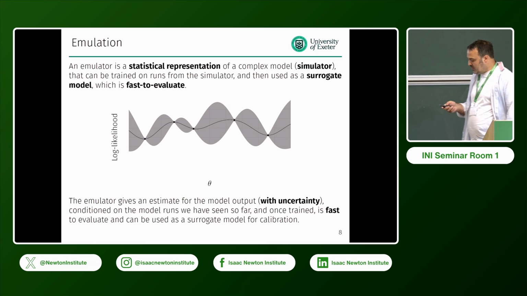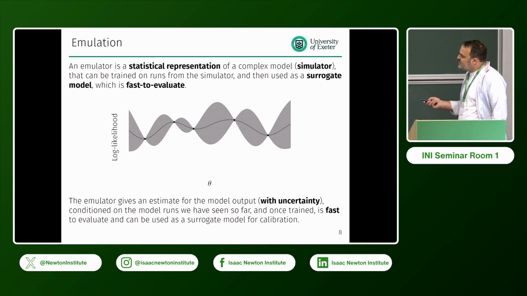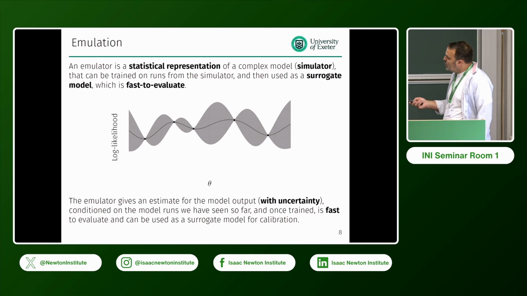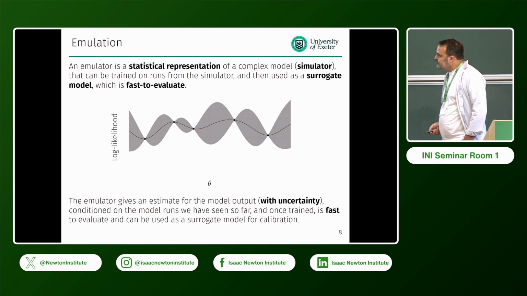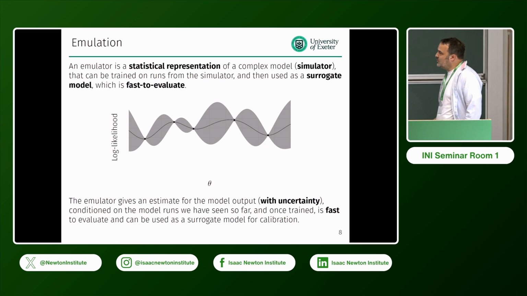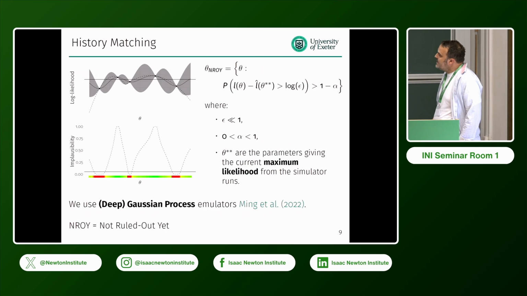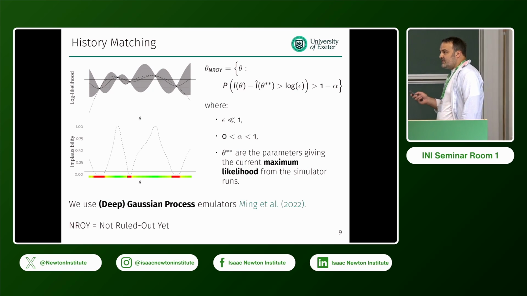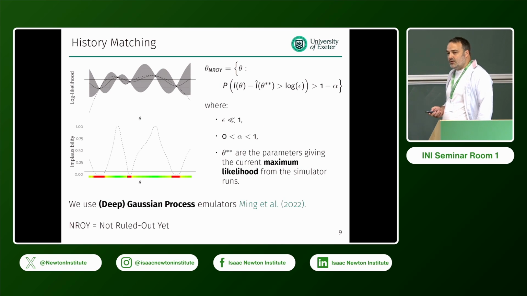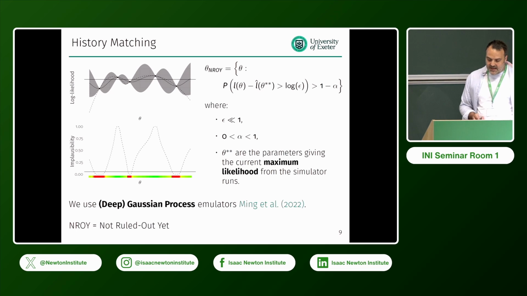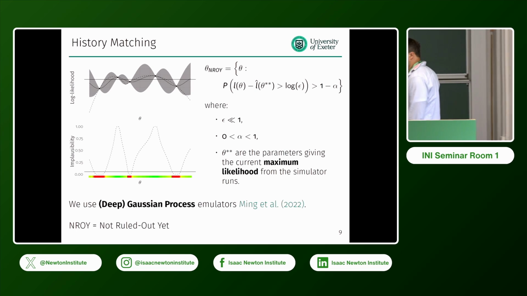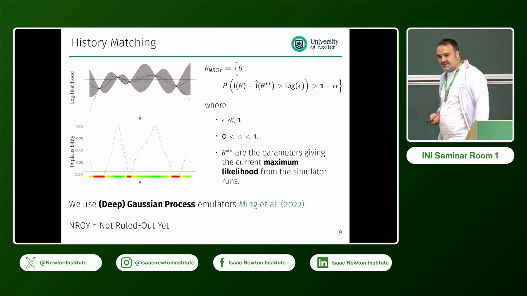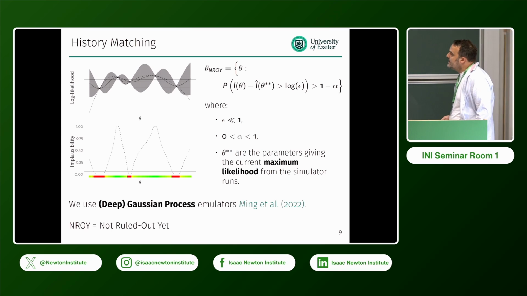When we're thinking about how to use this in calibration, we want to be really careful to include that uncertainty, to make sure we're being a bit more cautious. So in terms of how we use the emulator for calibration, we're going to use a technique called history matching. This is a variation on history matching, because history matching was not really designed for calibrating log likelihood surfaces, so this is our version of it.